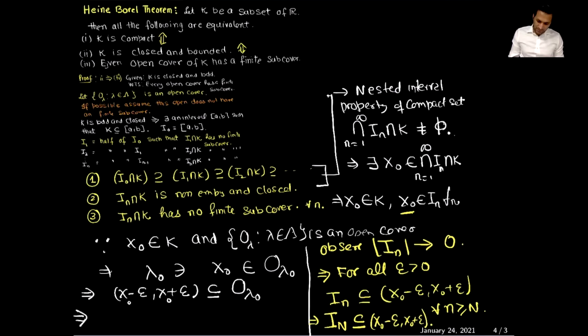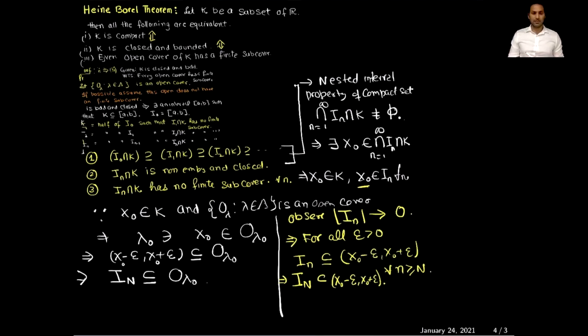In other words, we have I capital N contained in this O lambda 0. Now what that means is, we found one open set from the collection of the open cover, and it was able to cover the set I capital N. So this implies I capital N has a finite subcover.